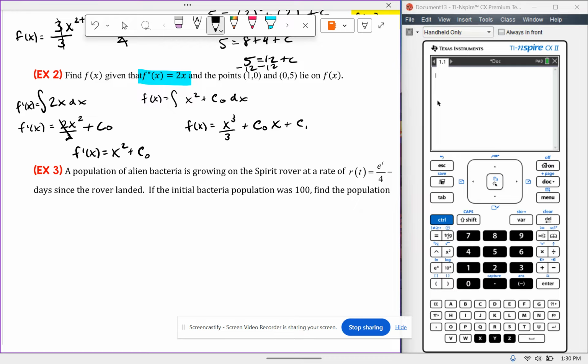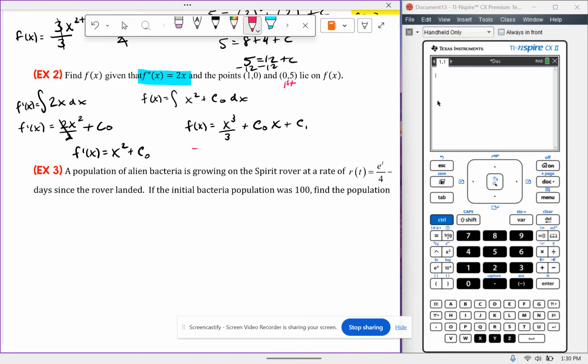So I now have my original and I have two clues. Which clue is going to make something disappear when I sub it in? Yeah, right? Because when I put that 0 in for x, original Carl is going to disappear, right? Okay, so this is going to be my first clue.